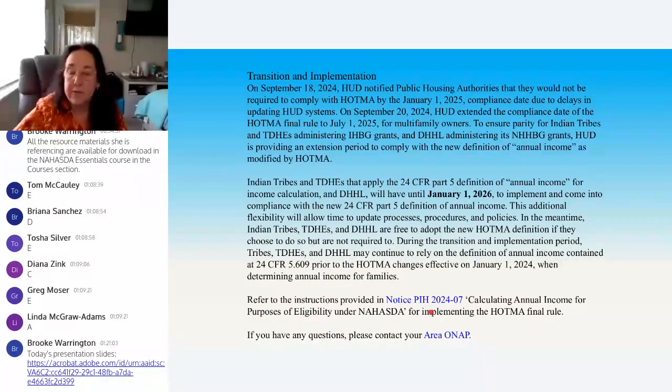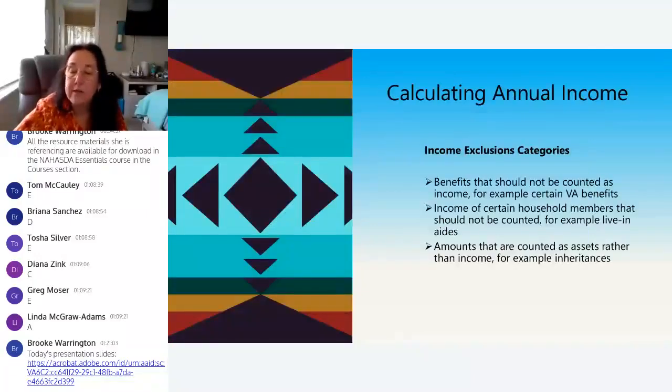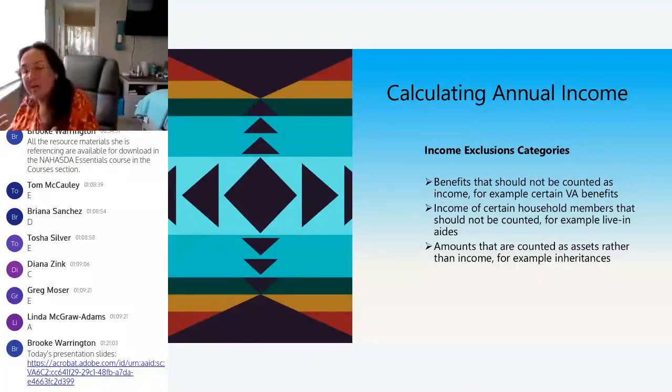So we have income exclusion categories, monies that should not be counted, you know, certain VA benefits, income of certain household members. For instance, a live-in aide, you don't count at all. You know, and amounts that are counted as an asset rather than income. Things such as inheritances, okay?